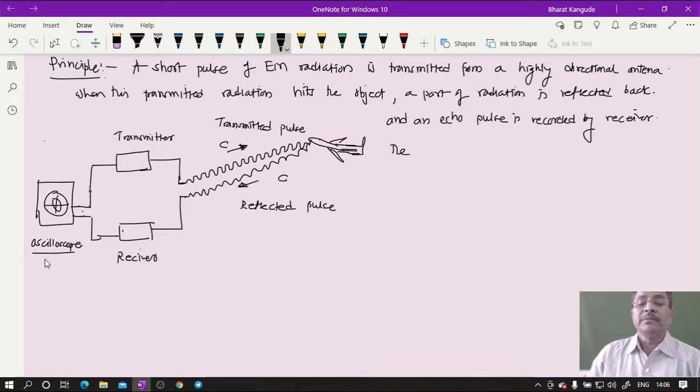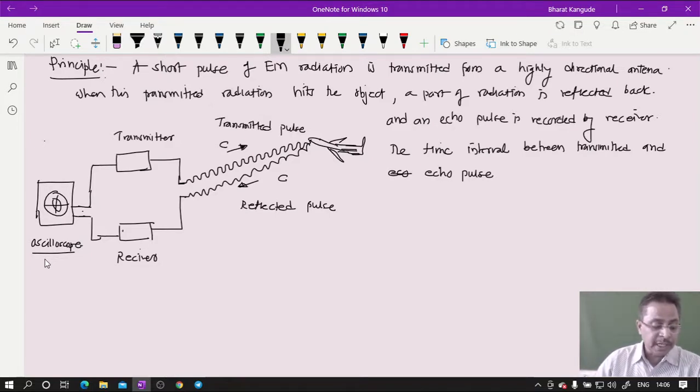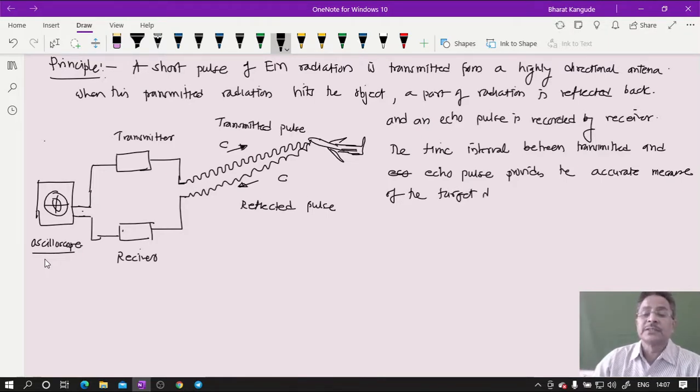The time interval between the transmitted and echo pulse provides the accurate measure of the target distance from a radar system.